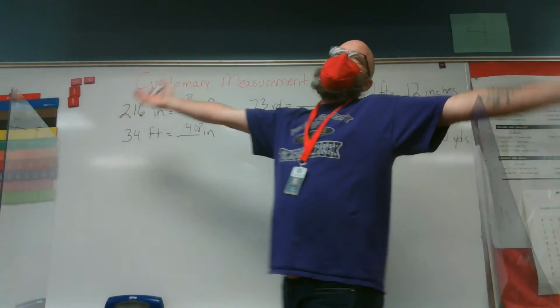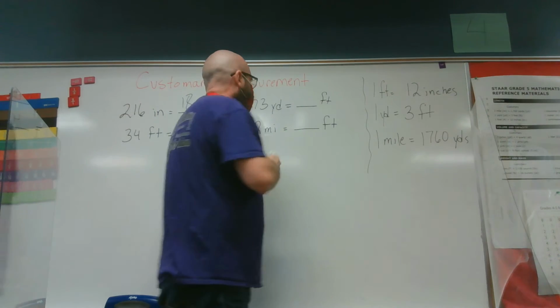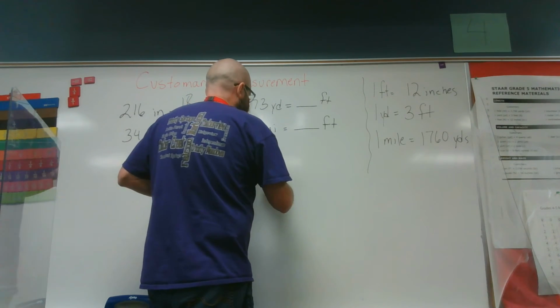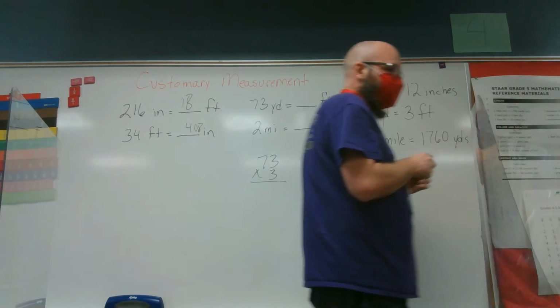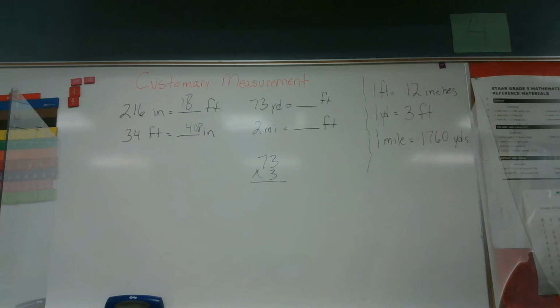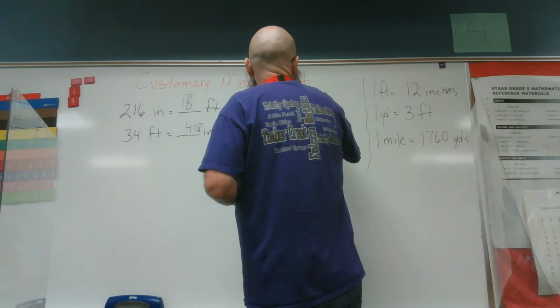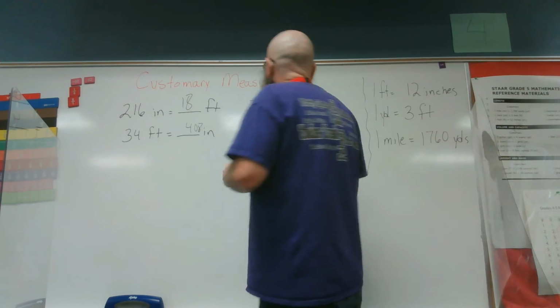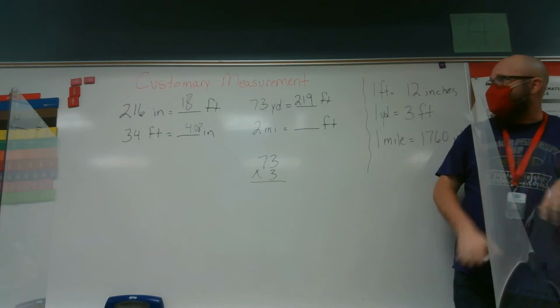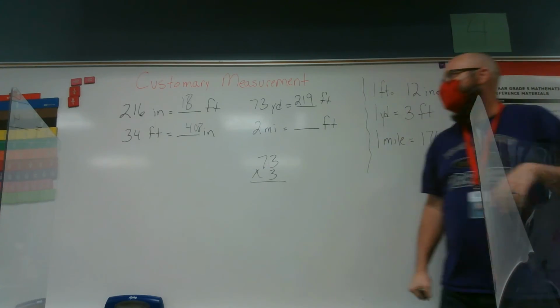And since we've already figured out, we're going to have to multiply. We're going to do 73 times 3, and in a moment Thomas is going to tell me what the answer is. 219. So 73 yards equals 219 feet.